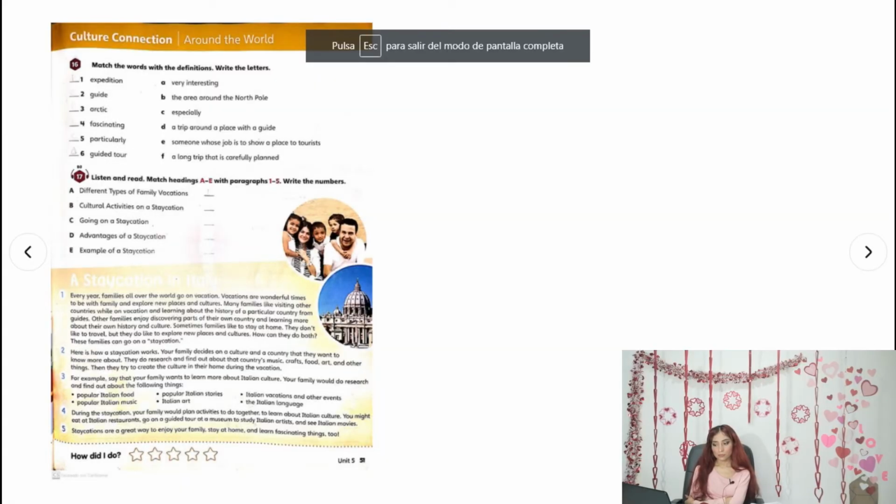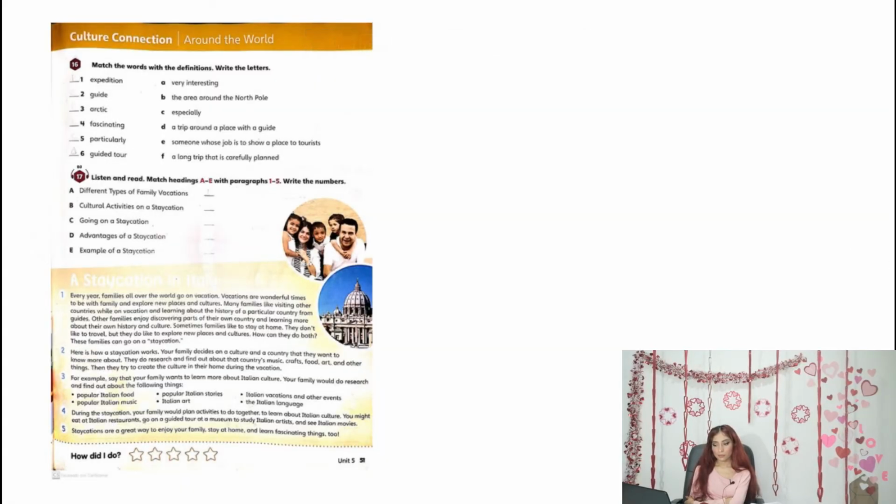Workbook, page 51. Activity 17. Listen and read. Match headings A to E with paragraphs 1 to 5. Write the numbers. A staycation in Italy. Every year, families all over the world go on vacation.